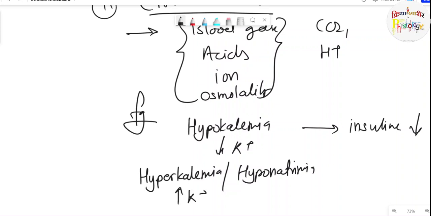Hyperkalemia means increased potassium concentration. Hyponatremia means decreased sodium ion concentration. This leads to increased aldosterone secretion. Okay, meaning chemical changes in body fluids lead to either secretion of a specific hormone or inhibition of a specific hormone. Thus, through these four mechanisms, hormone regulation is achieved.